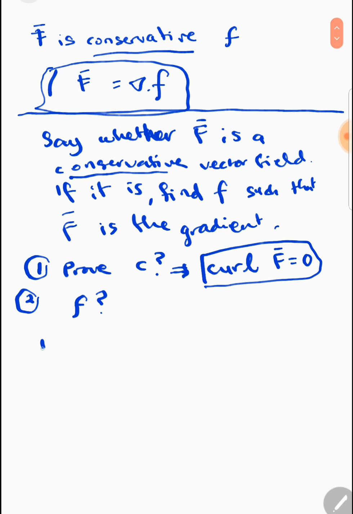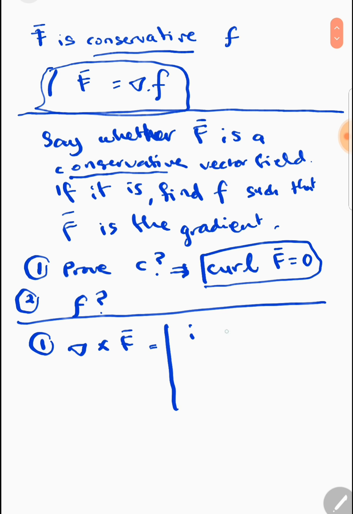The first step is the curl. If you still recall, curl is just nabla cross F bar, which in this case will be given by i, j, k. Oops, sorry, I forgot to write down F bar.